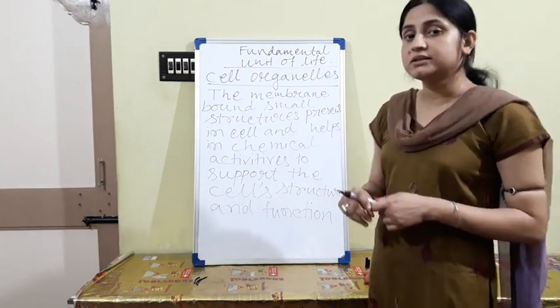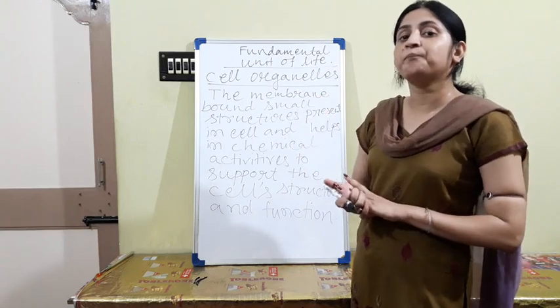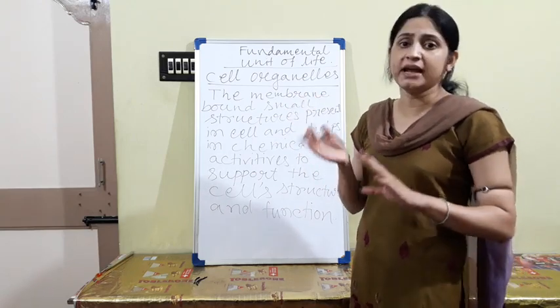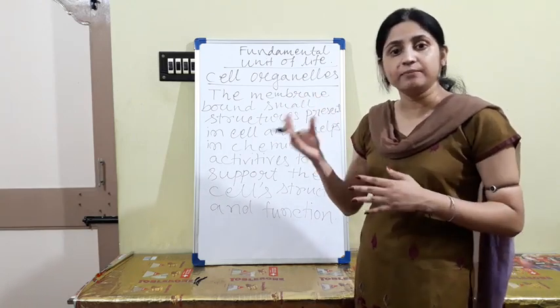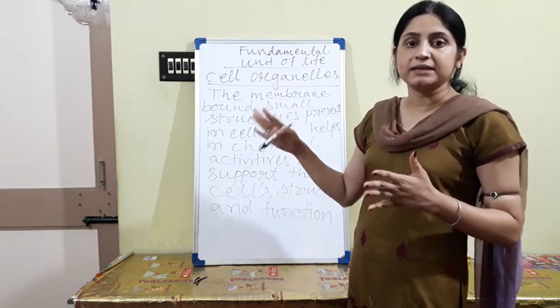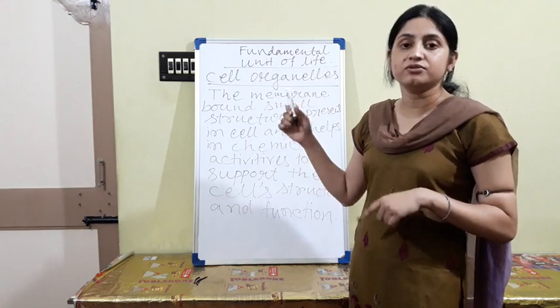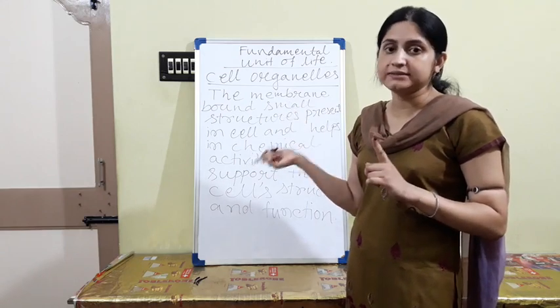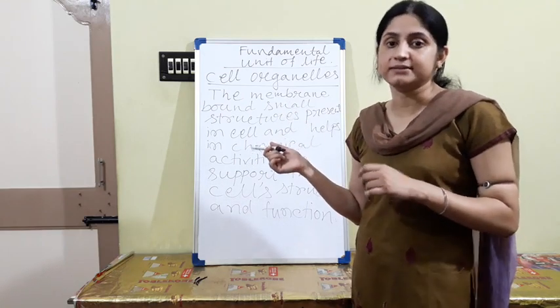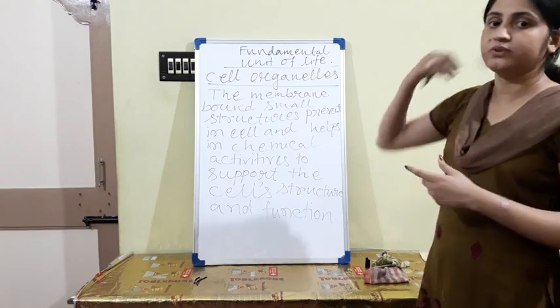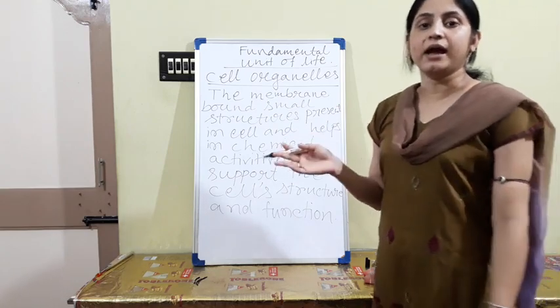In the eukaryotic cell the organelles may differ between animal cell and plant cell. Plastid is present in plant cell but absent in animal cell. Centrosome is present in animal cell but absent in plant cell. This type of difference you can find between the plant cell and animal cell.